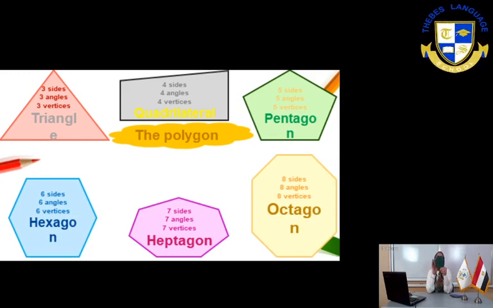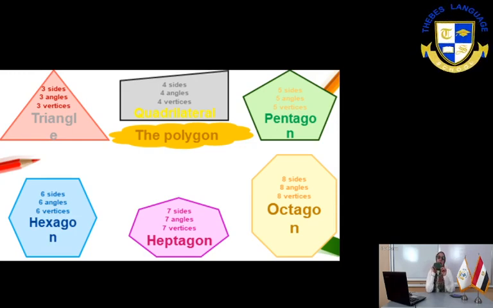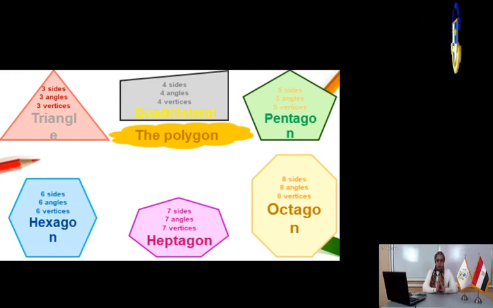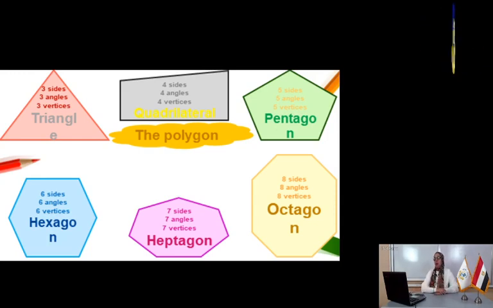An octagon has 8 sides, 8 angles, and 8 vertices. So, as we see, in any polygon, the number of sides equals the number of vertices equals the number of angles. Okay? This is a very important note. Next slide.